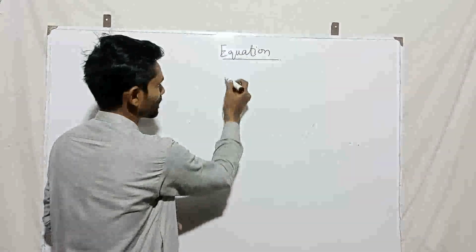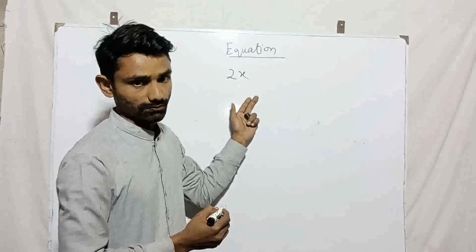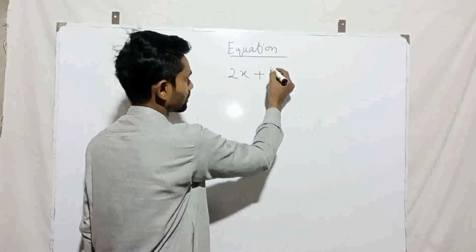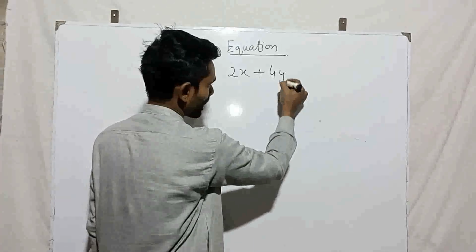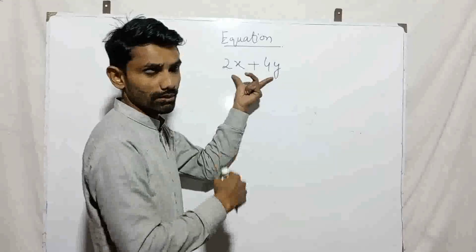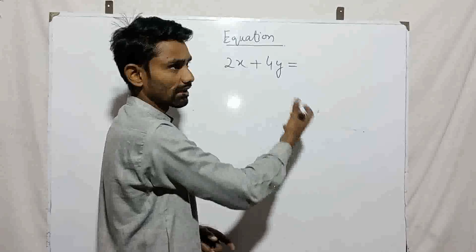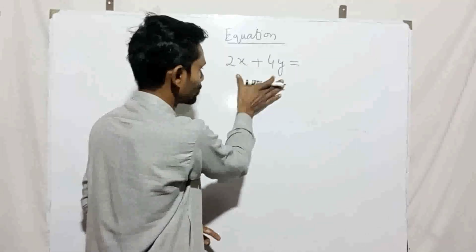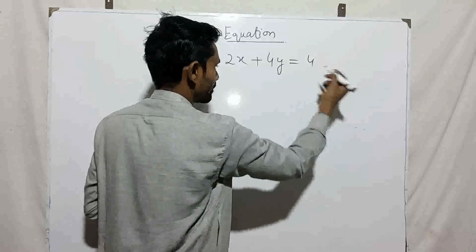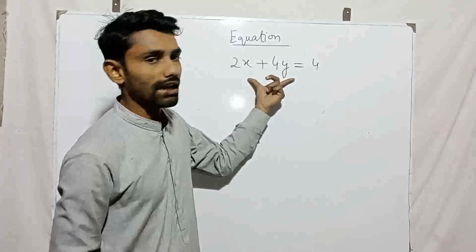We can say that 2x is an algebraic term. If we add another algebraic term, let's suppose 4y, then this is the sum of two algebraic terms, and there is an equality sign between these terms and another number, 4 or 5, whatsoever. So this is called an equation.